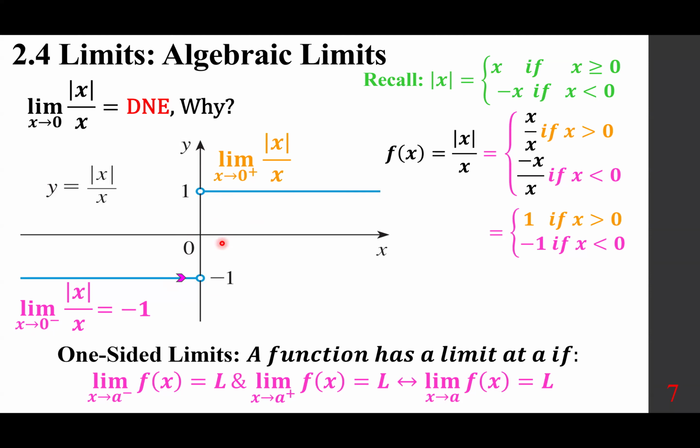So we are on the right side of 0, which puts us in this branch. It's moving towards this point, which has a y coordinate 1. The one-sided limits are different. Therefore, the limit of absolute value of x over x as x approaches 0 does not exist.